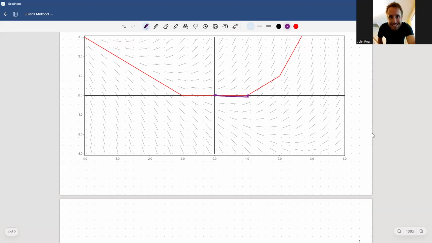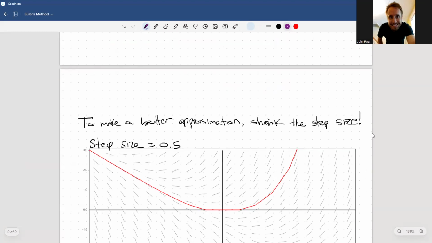And I'm going to scroll down, and we're going to see that we have done that. So we can shrink the step size. Here's an example where the step size is 0.5. So we went 0.5 units over. This is the same slope field, of course, but 0.5 units over. So this is an x value of 0.5. This is an x value of 1. Let me see. And so tracing up, we get to 1. We readjust.